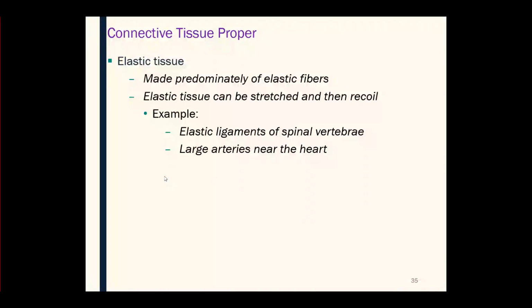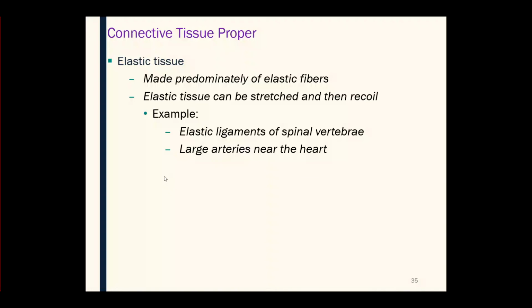Okay, finally, the last of the connective tissue proper is elastic connective tissue. Now, this is going to have much more elastic fibers than it would collagen, right? So the elastic fibers predominate here. And the benefit of this is this tissue can be stretched and then it will recoil. Again, I had mentioned this earlier, the elastic ligaments of the spine, they're going to have elastic tissue.